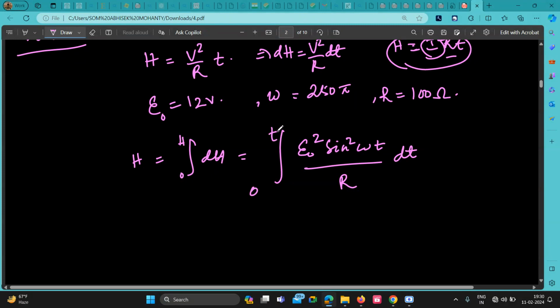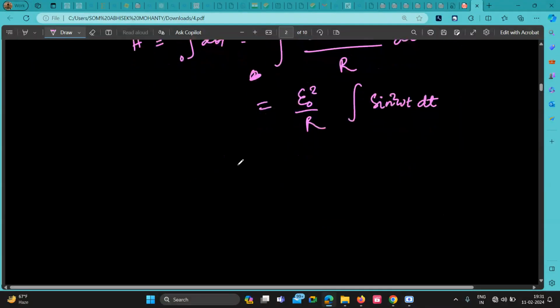Forget the limit for now. Just put these values. So E naught square by R integration sine square omega t dt. Now we have done this integration so many times.